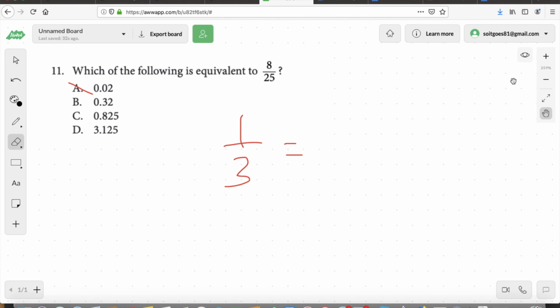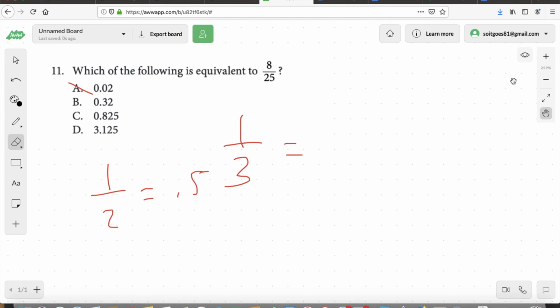Okay? Is 8 over 25, a third, close to 0.825? Is 0.825 bigger than half or less than half? 0.5 would be half. 1 divided by 2 is 0.5.